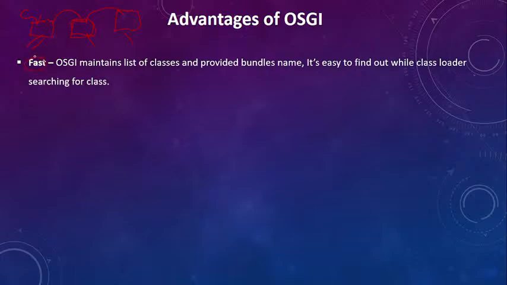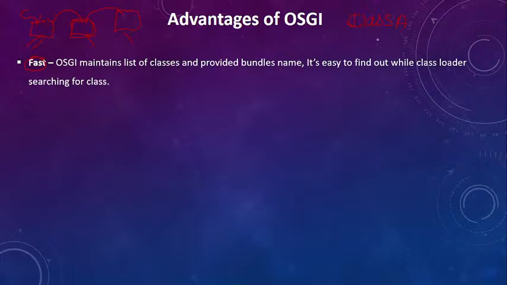First of all, it is fast, because it is index based. Index based means, consider you have one class, class A, which you are using somewhere and want to execute.